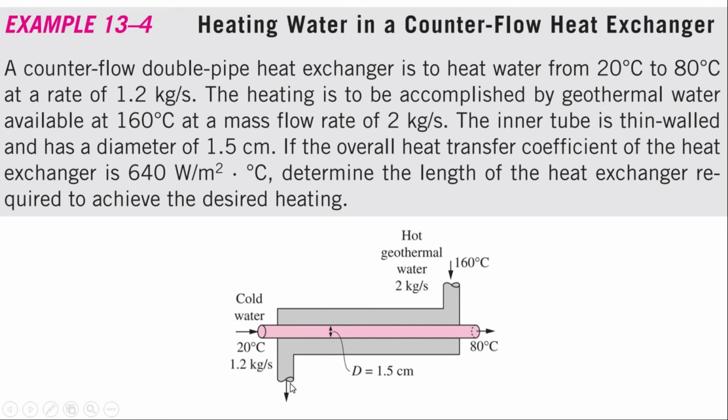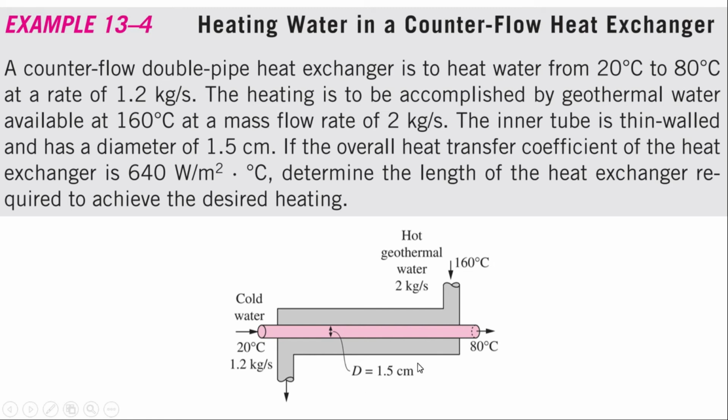The outlet temperature of the hot fluid stream is not given. You have to determine this outlet temperature of the hot fluid stream, or simply the fourth temperature, right? You are given the two mass flow rates of the hot fluid and the cold fluid as well, and you are given the diameter of the inner pipe, right?